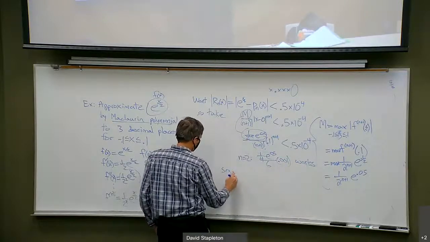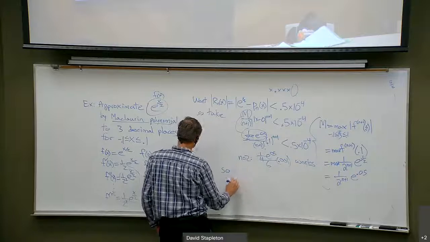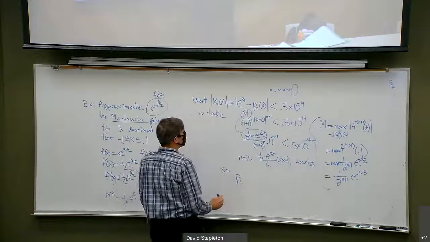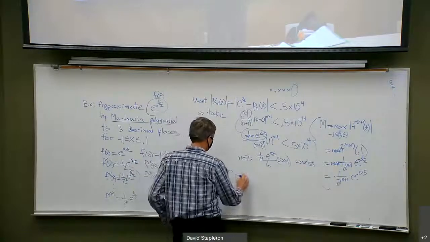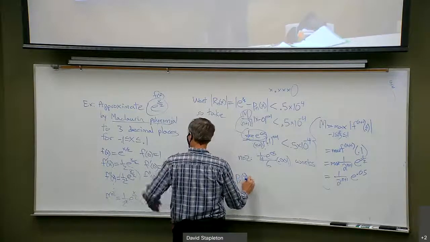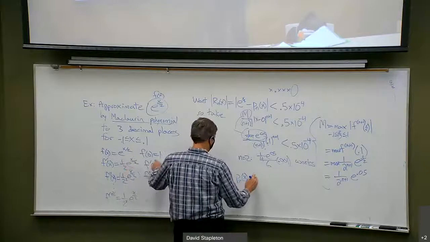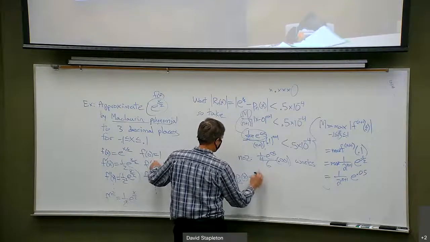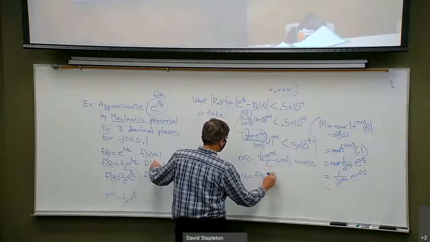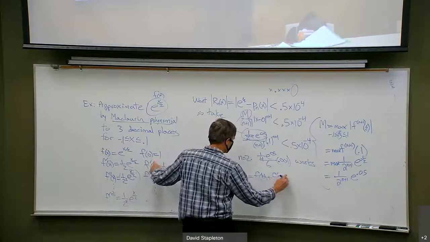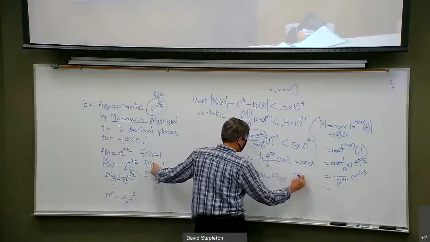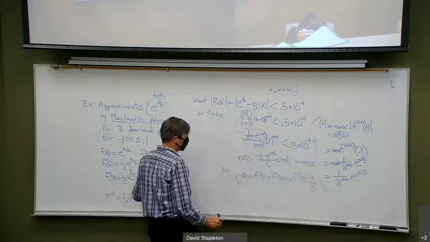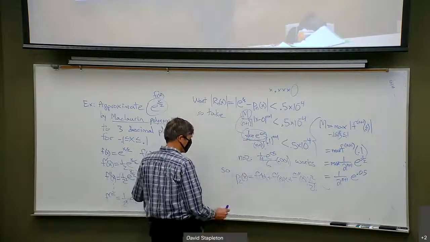We simply take P2 of x equals f of 0, which is 1, plus f prime of 0 times x, plus f double prime of 0 times x squared over 2 factorial. That's the Maclaurin polynomial for n equals 2.